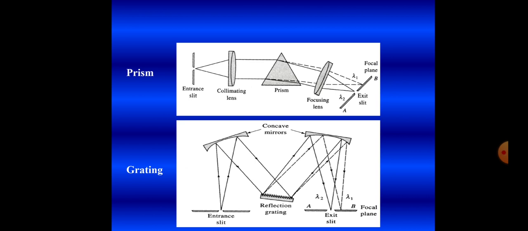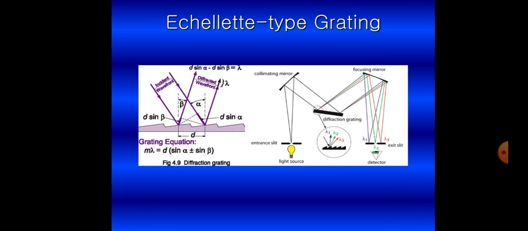Then we will have a focusing lens or mirror, and then finally we will have an exit slit. So, 5 components of a monochromator. When we want to change a wavelength, it's just enough to turn the prism or the grating. By turning the grating or prism, we can focus different wavelengths on the exit slit of the instrument.